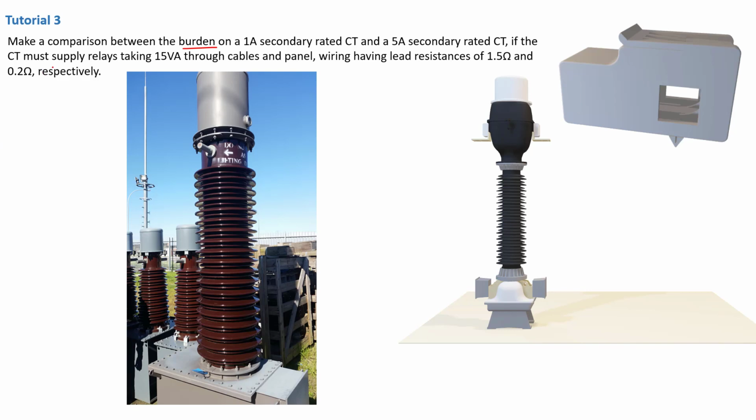Now, if the CT must supply relays taking 15 VA, now the 15 VA is the volt ampere power that the relays connected on the secondary of the CT is going to be drawing through cables and panels. Now, wiring having lead resistance of 1.5 ohm and 0.2 ohm respectively.